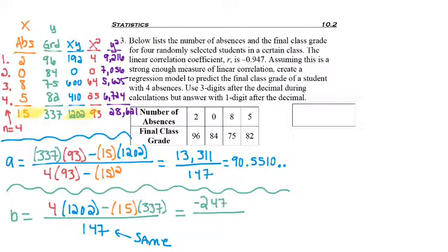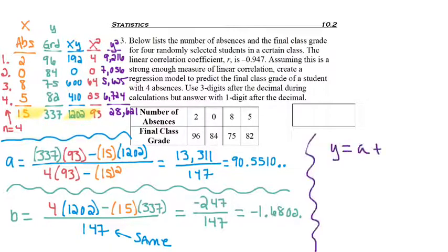So my fraction is negative 247. It's completely fine to have a negative. It just means we have a negative correlation, that as X increases, Y decreases. And I calculate negative 1.68, etc.